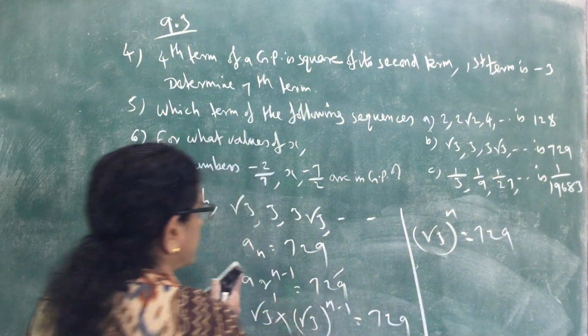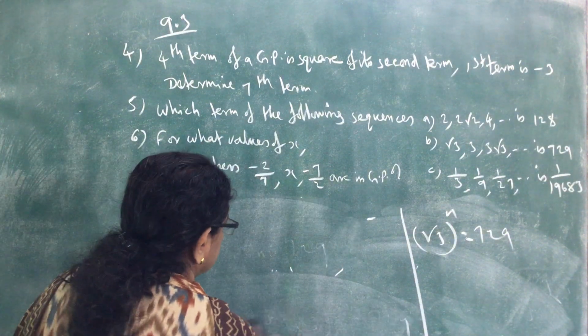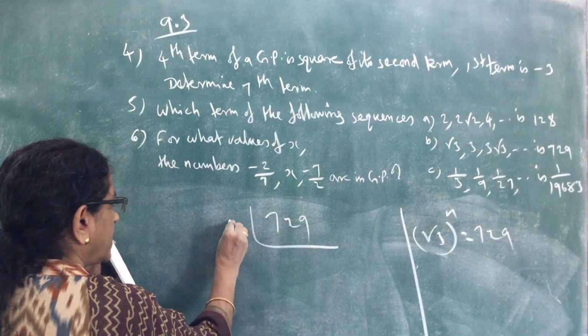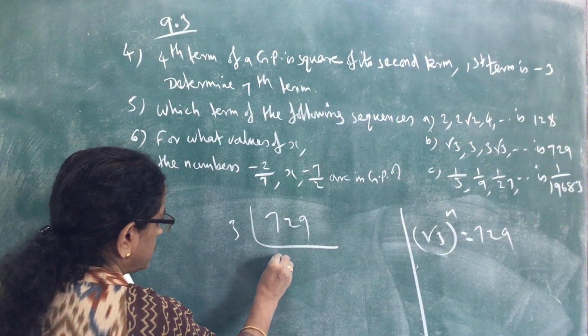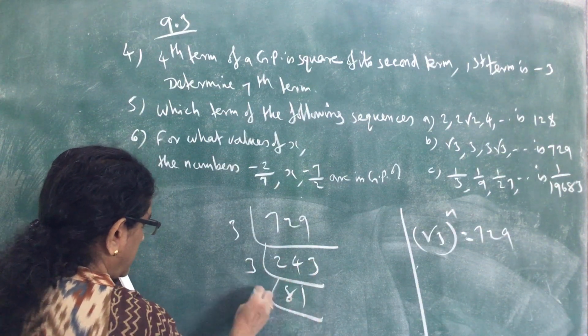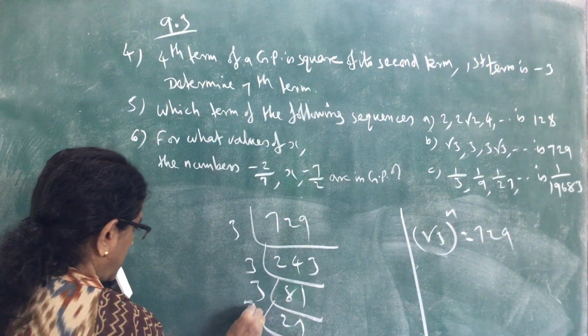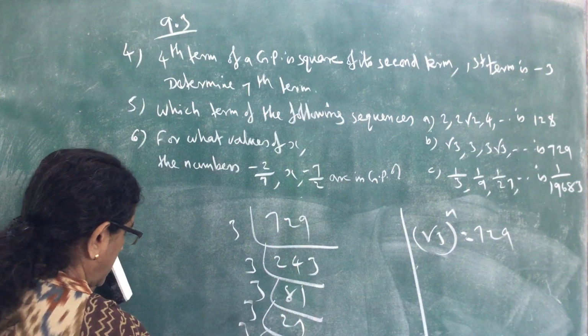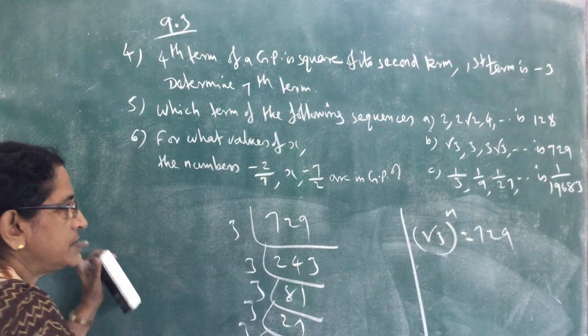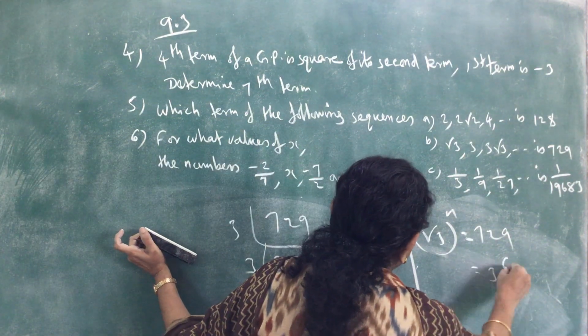So 729, we can factorize, simply factorize by 3. 2 3s are 6. So 1, 2, 3, 4, 5, 6. So 3 raised to 6.